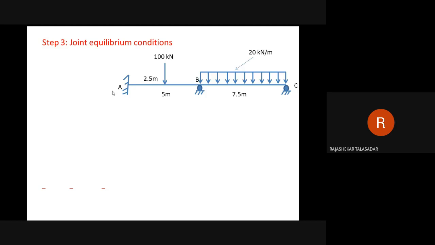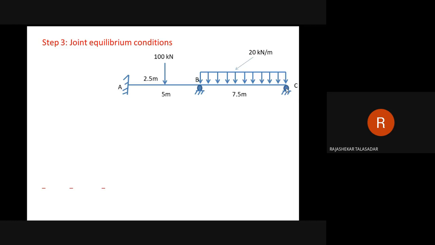So here, at the fixed end, whether moment exists or not, first you tell me. Yes, sir, moment will be there. If the extreme end is fixed, moment will be there. Similarly, what about extreme end C, whether the moment is there at C or not?